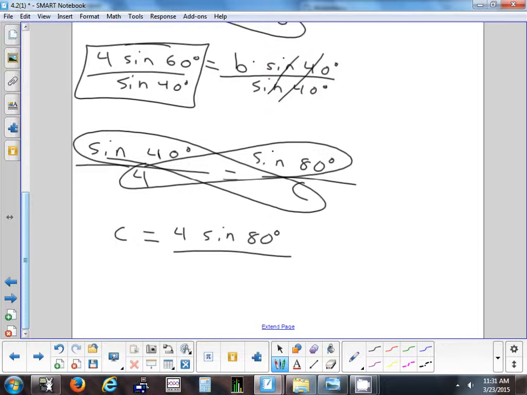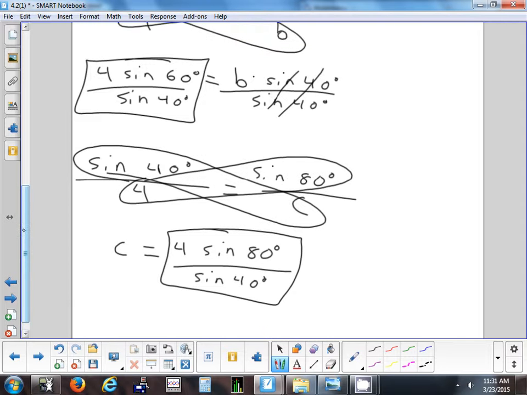And then I'm going to have to divide by the sine of 40, because that's going to be multiplied by C. So I'm going to have to divide by it. It's basically exactly the same answer we got last time. Just change the 60 to an 80.